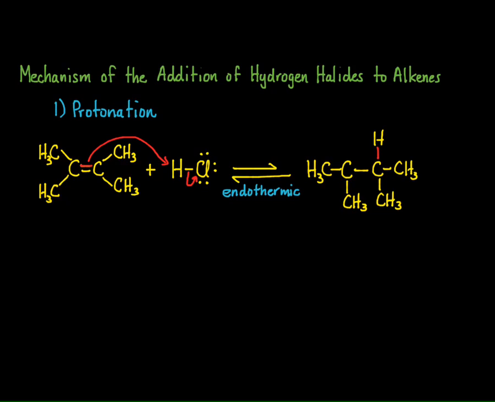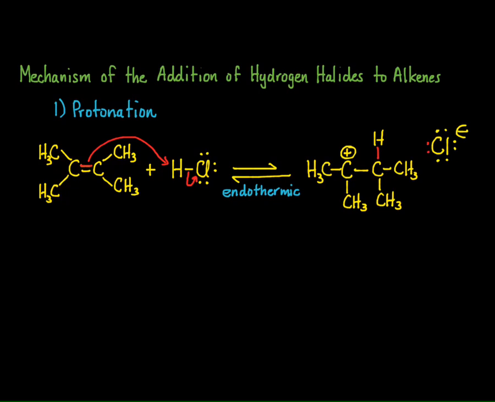Well, hydrogen is going to go to one of the carbons, but the other carbon is going to become a carbocation. Carbocations are typically unstable, and therefore it requires energy to commit to this first step.